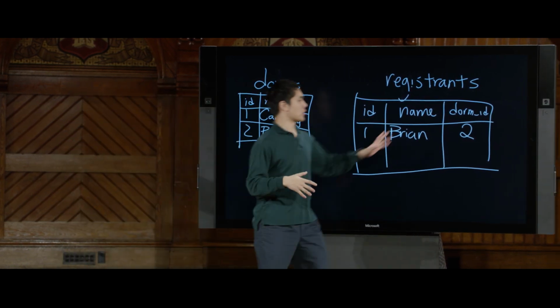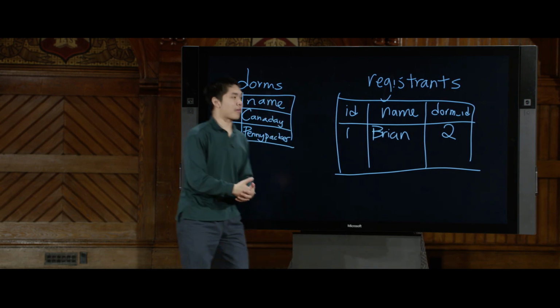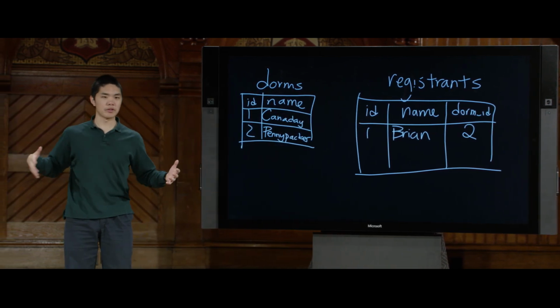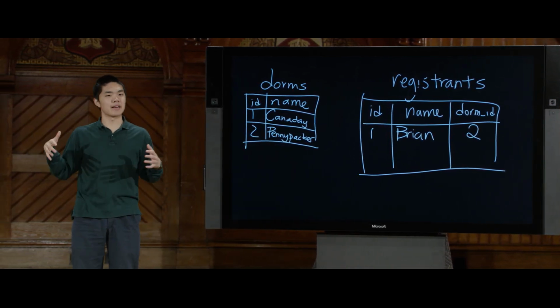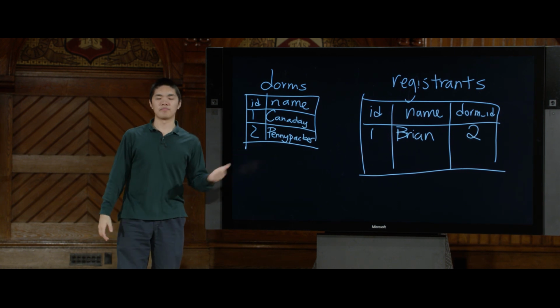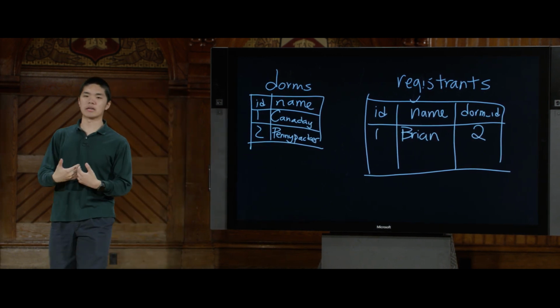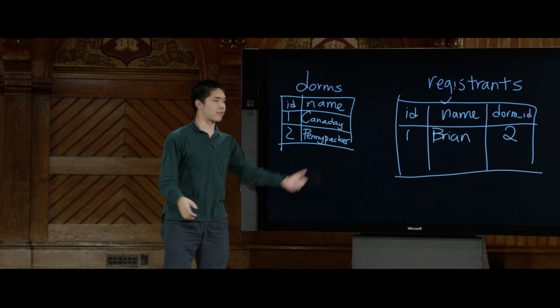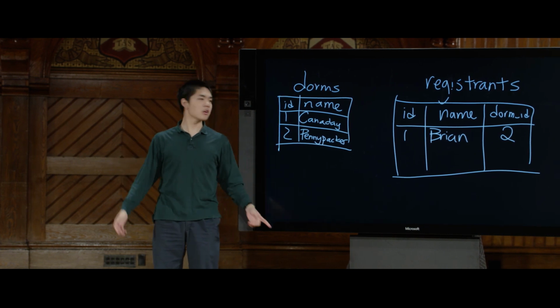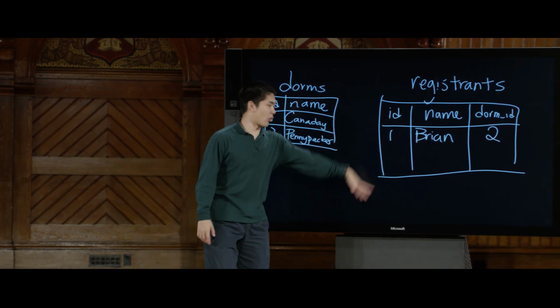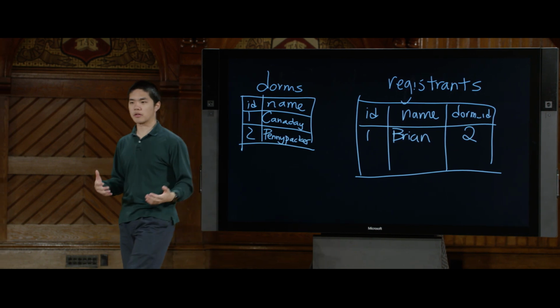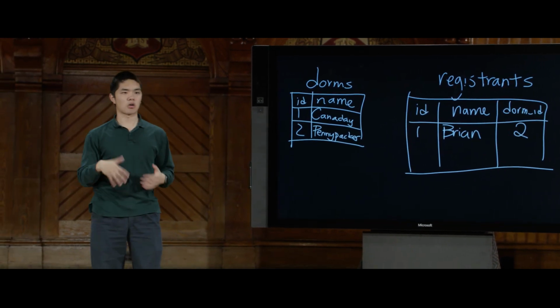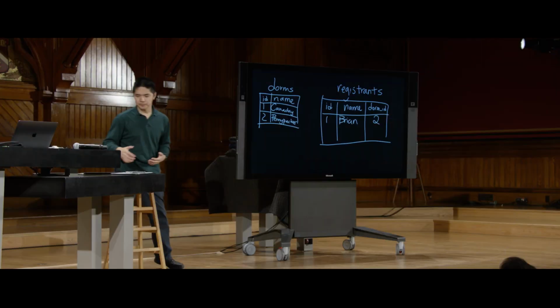This is often a cleaner way of representing that data, such that if I have a lot of people from Pennypacker, rather than store the whole string Pennypacker again and again and again, I could just include it once. And this is useful if Pennypacker ever changed the name of the dorm: I change it here, and it's going to be correct for all of the registrants, rather than having to change it everywhere across a larger space of data.